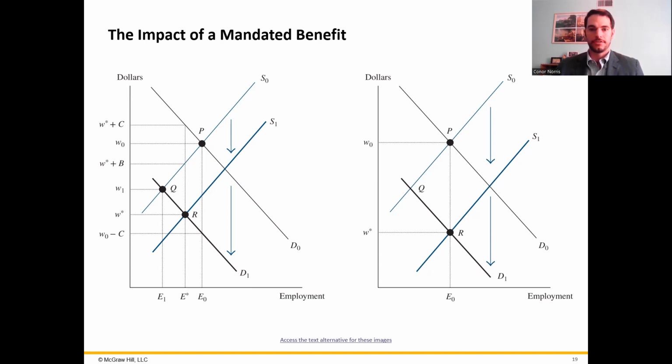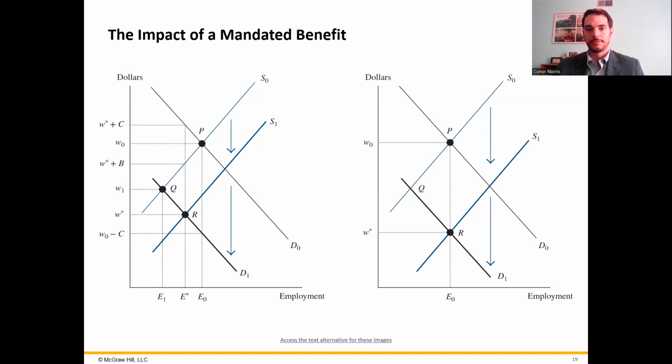Well, the coffee is a cost of C, which is the same effect as the payroll tax in our earlier example. This is an added cost to the firm, so it is as if they're paying more for each worker. This will shift their demand curve down and to the left to D1 from D0.